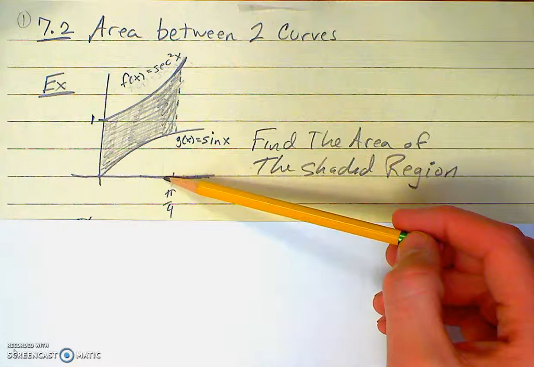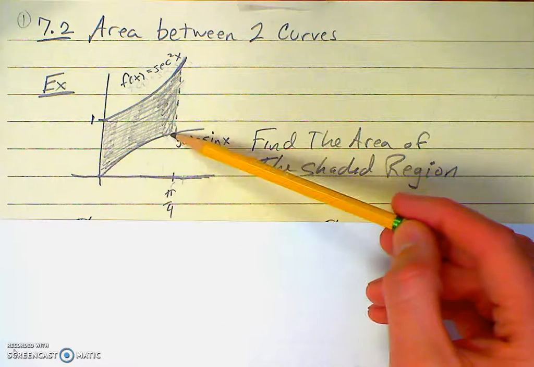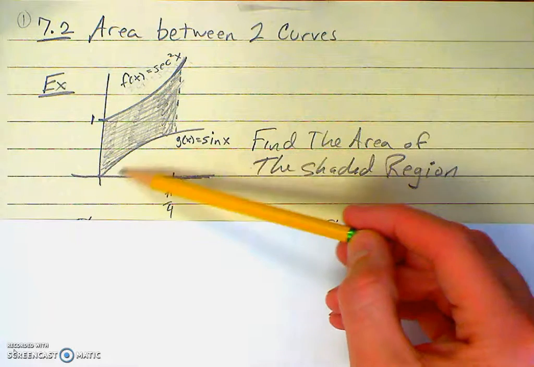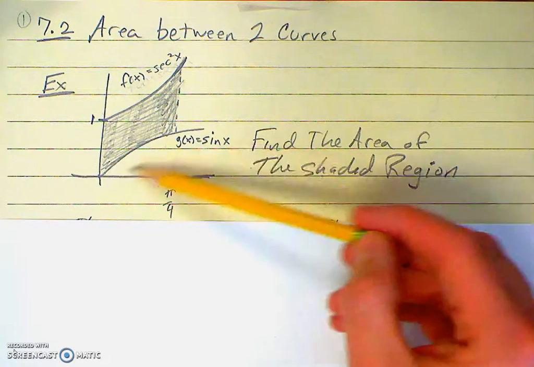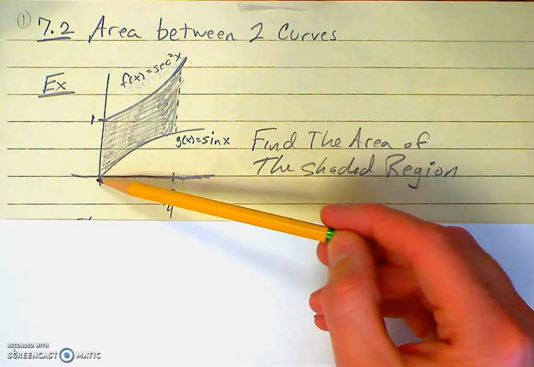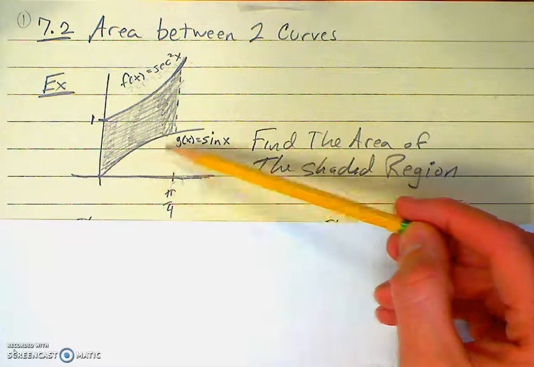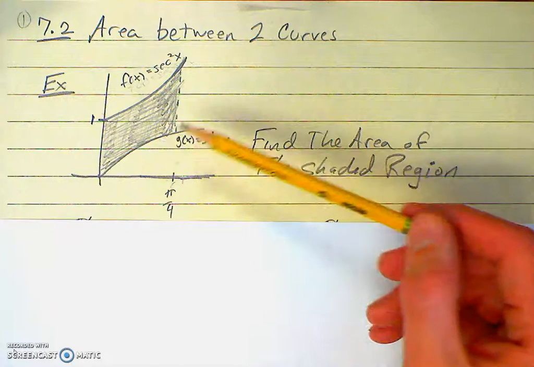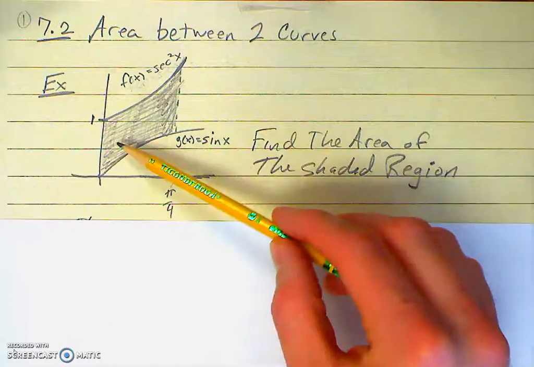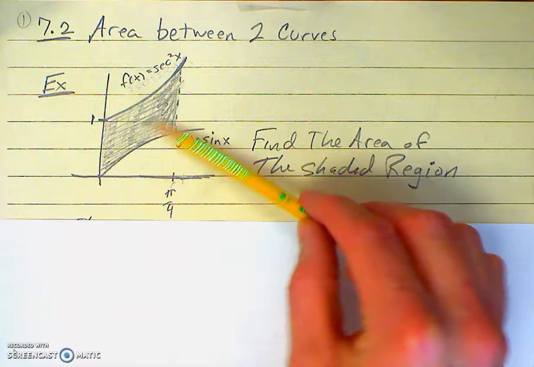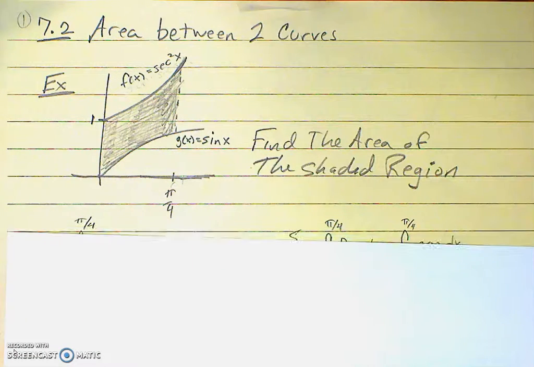Right? But if we subtract this area here of sine x from 0 to pi over 4, which would be the integral from 0 to pi over 4 of sine x dx, if we subtract that area, then we're going to end up with just the shaded region here. And so that's what we're doing.